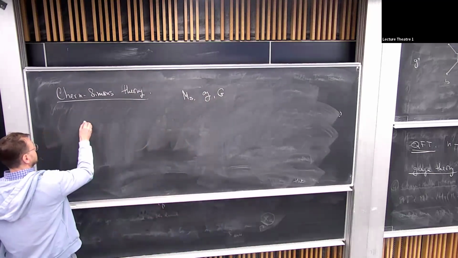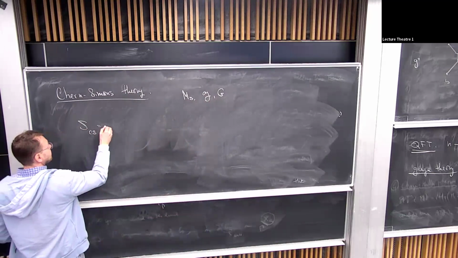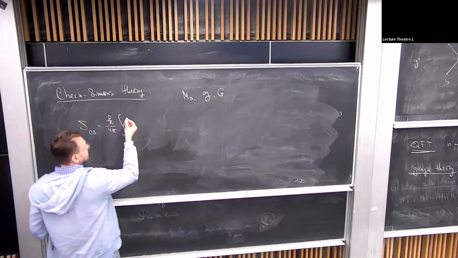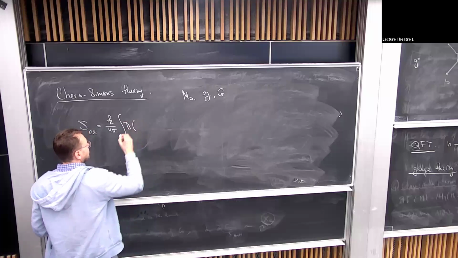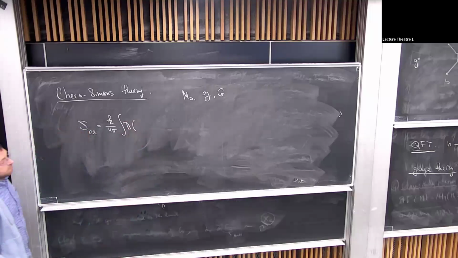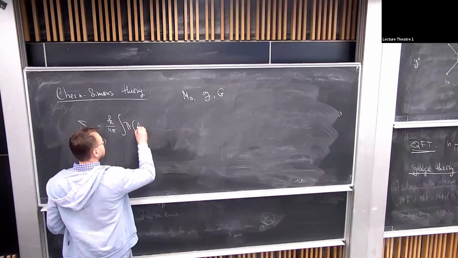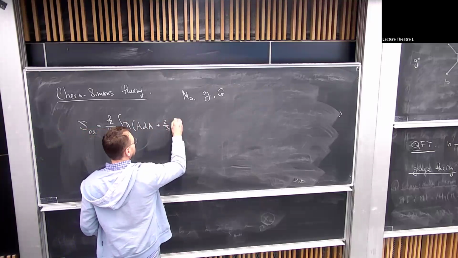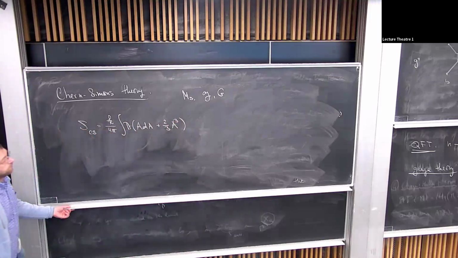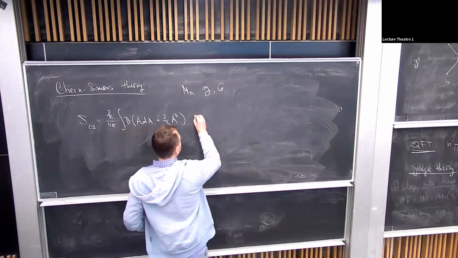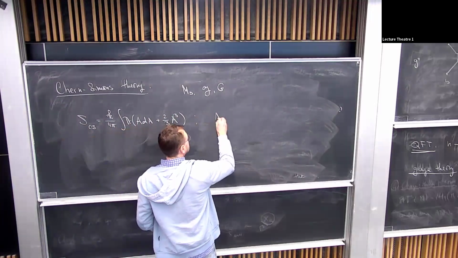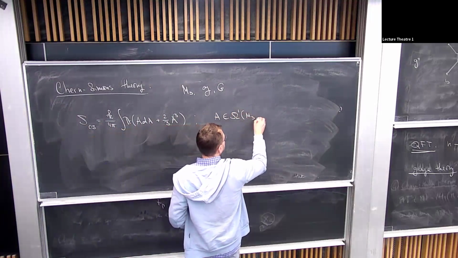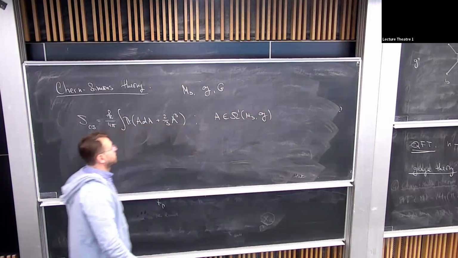And then I will write this famous Chern-Simons action, and let's assume it's some semi-simple, nice Lie algebra. So I will write something like this, 2/3 A cube. A, again, is a connection, but for the sake of discussion, I will assume that this is just a one form, an algebra valued one form.